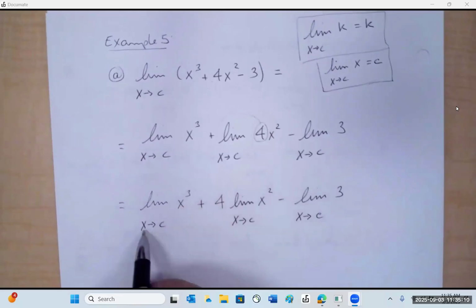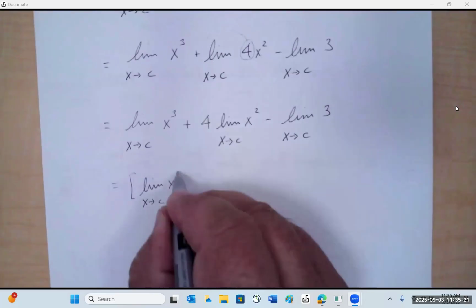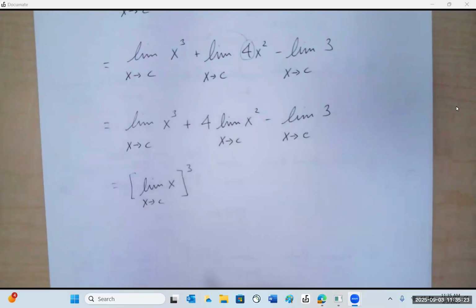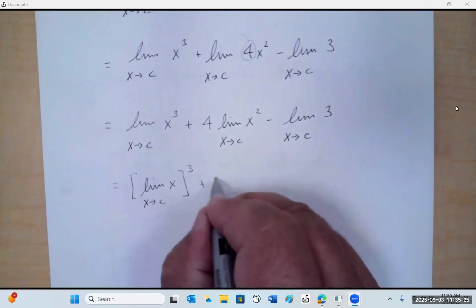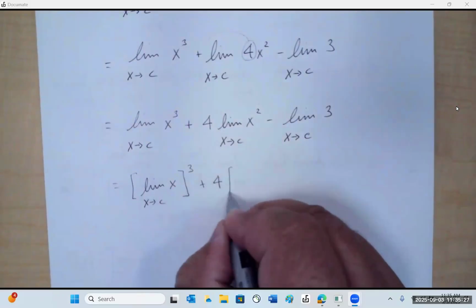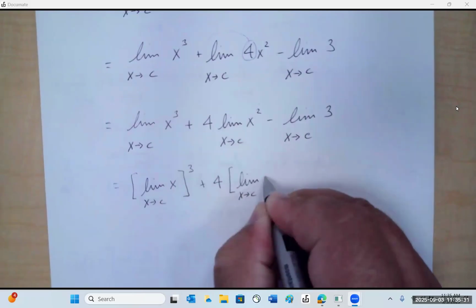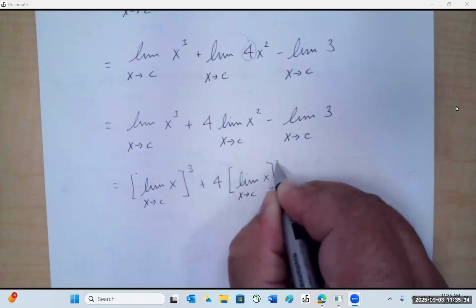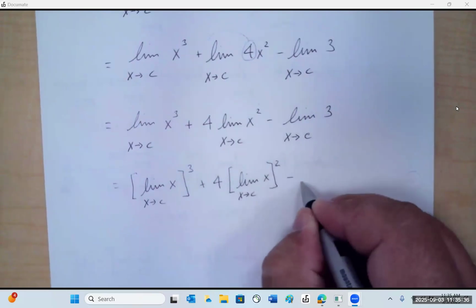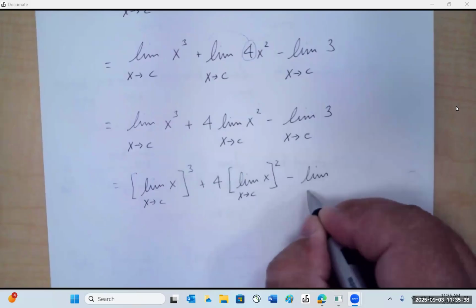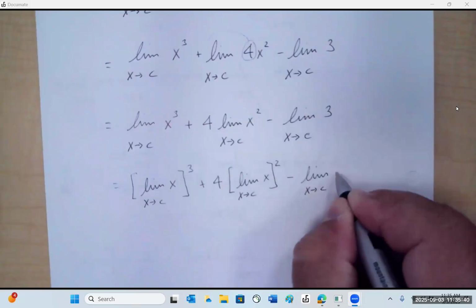So as x approaches c, what we have here is the limit of x as x approaches c, cubed, plus 4 times the limit as x approaches c of x, all that squared, minus the limit as x approaches c of 3.